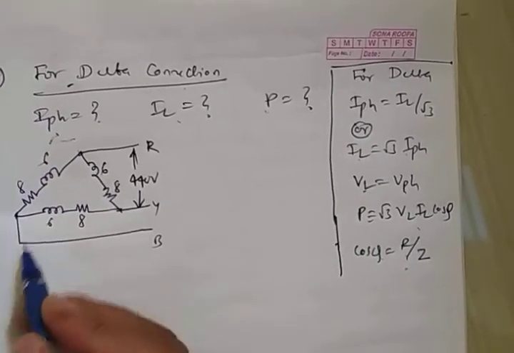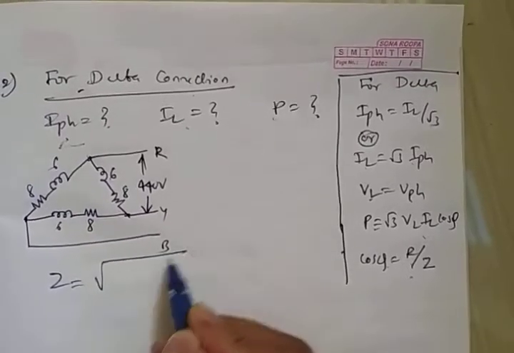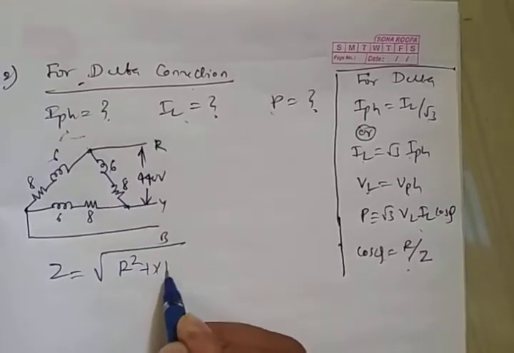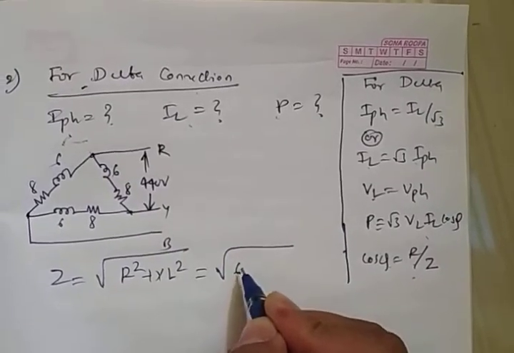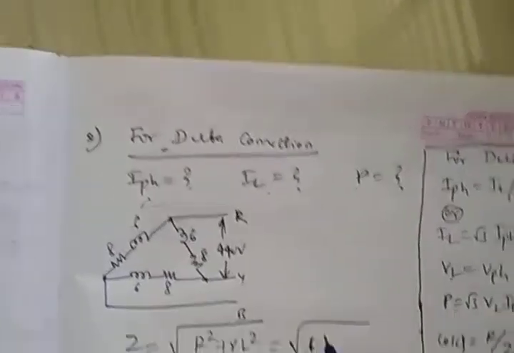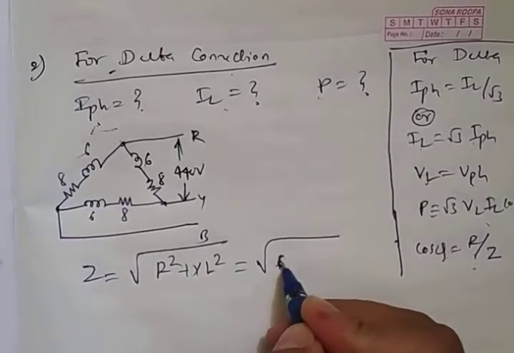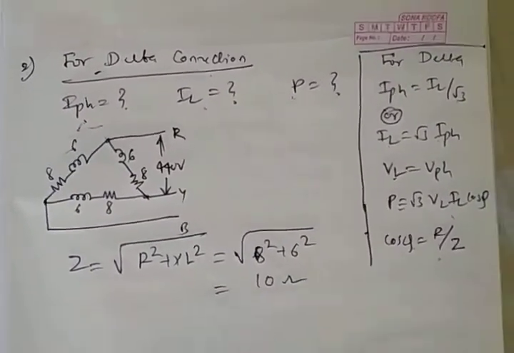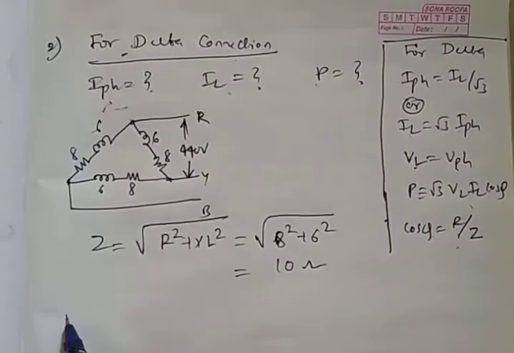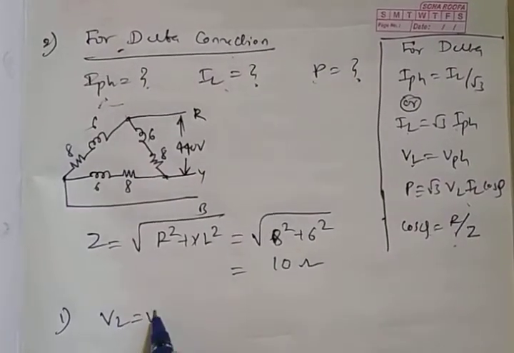So first I will calculate the impedance. Z is equal to square root of R square plus XL square, square root of 8 square plus 6 square, you will get 10 ohm. And next, first one is VL is equal to VPH.